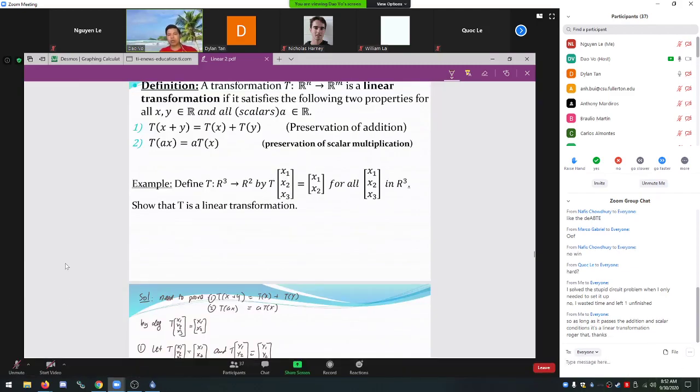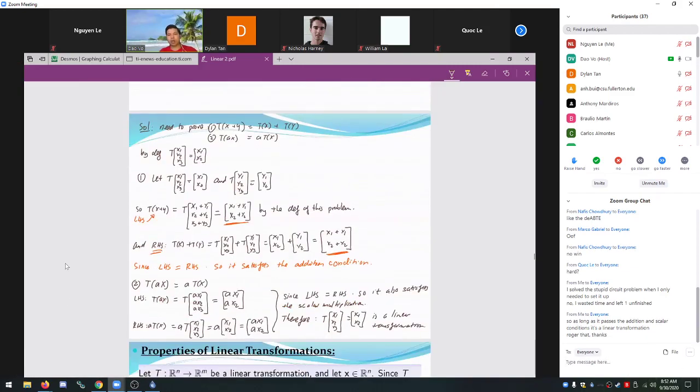So what we did was we tried to prove that it satisfied those two conditions, and because it satisfied those two conditions, it's enough evidence to convince us that it's a linear transformation. Okay, are we cool with that? Yeah. Okay.